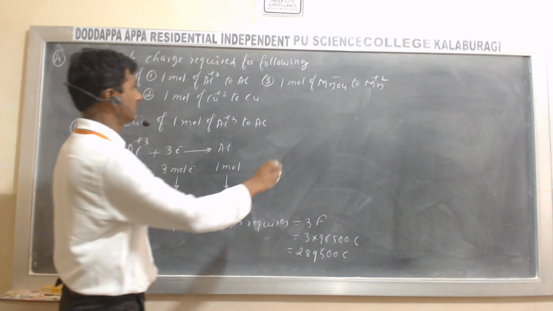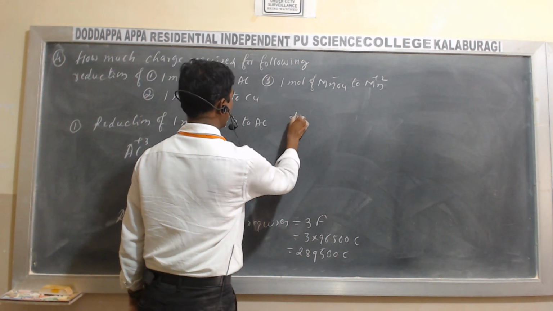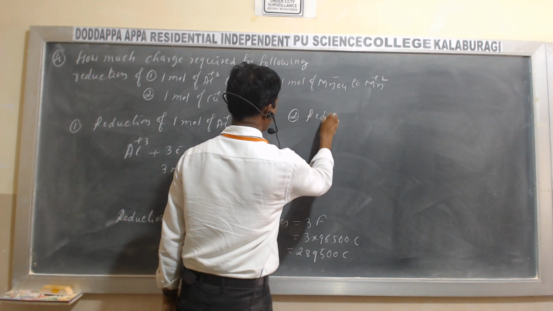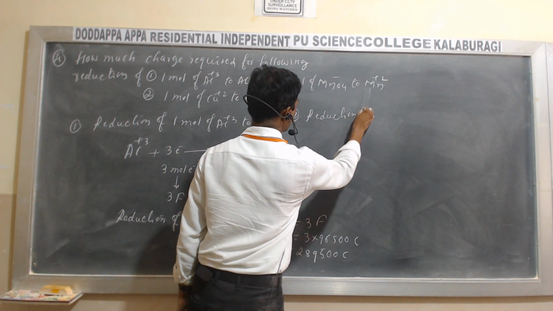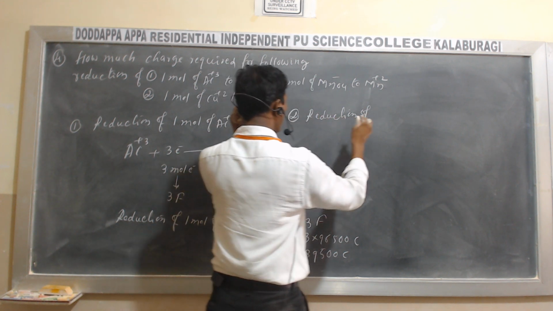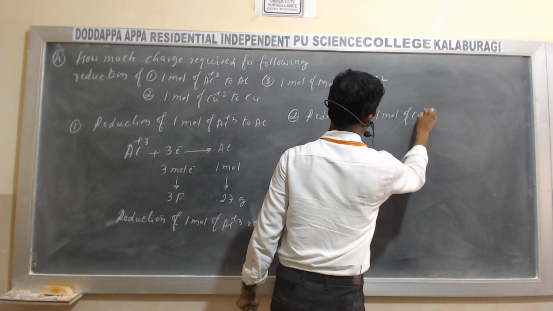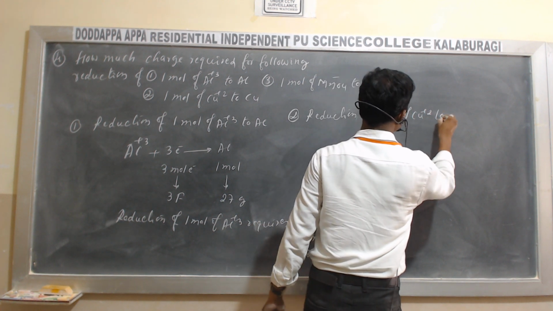The second is the reduction of 1 mole of Cu2+ to Cu.